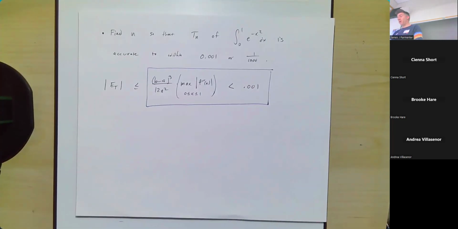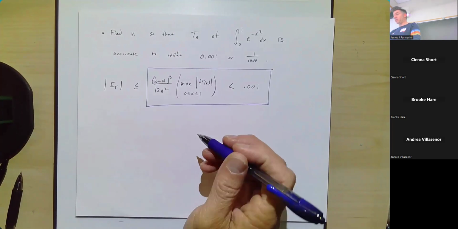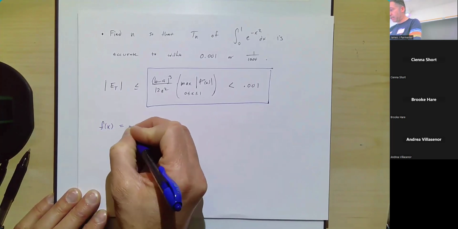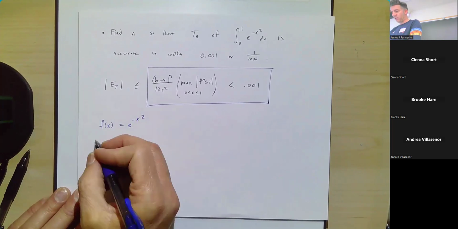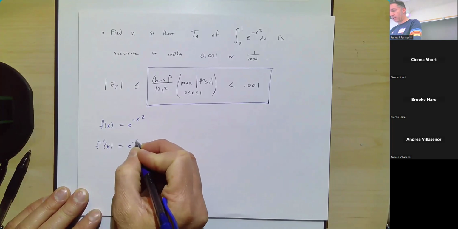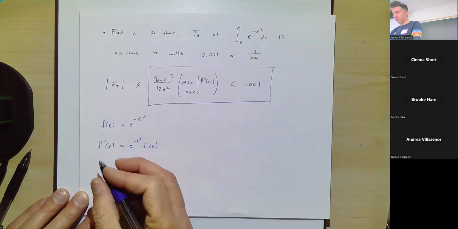Before we can do any of that, we have to deal with this maximum of the absolute value of the second derivative. So let's deal with that first. Our function is e to the negative x squared. The first derivative is fine. It's e to the negative x squared times negative 2x. The second derivative is going to be a little bit gnarly.